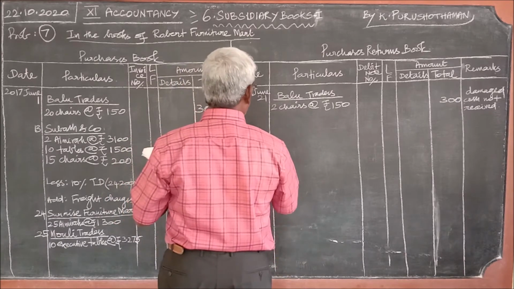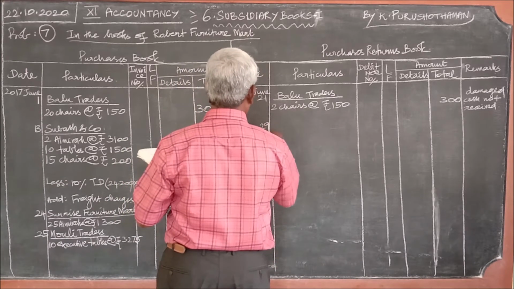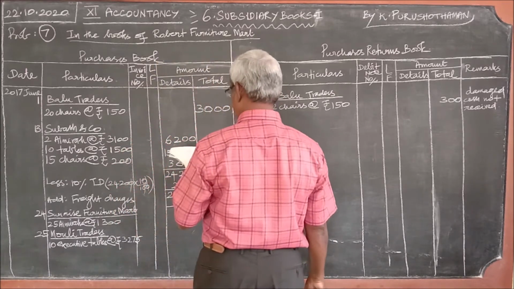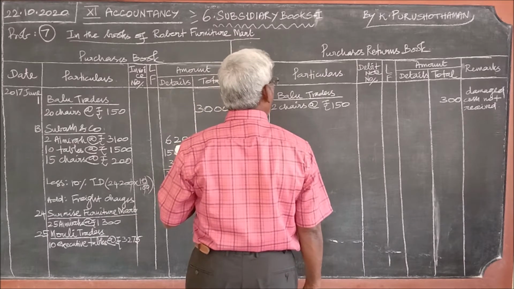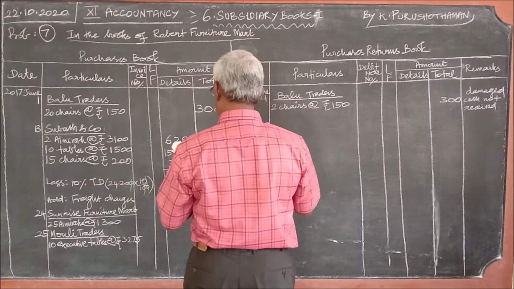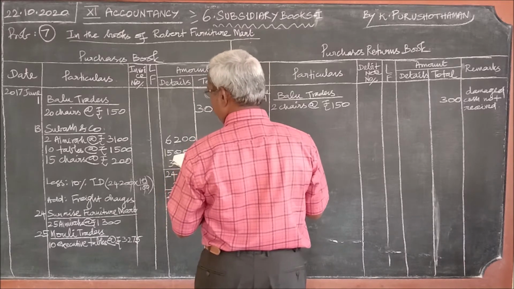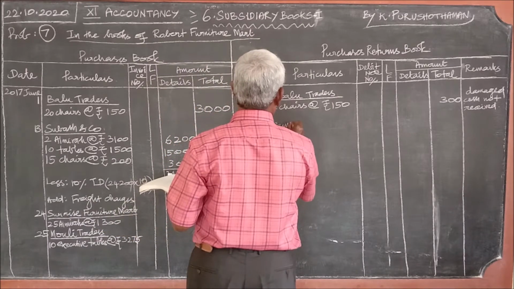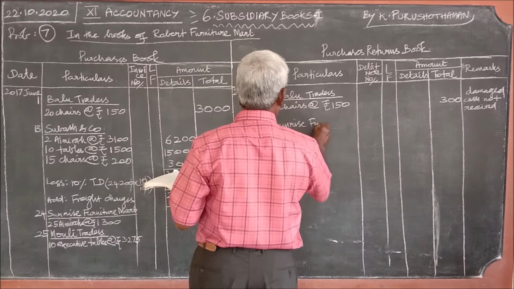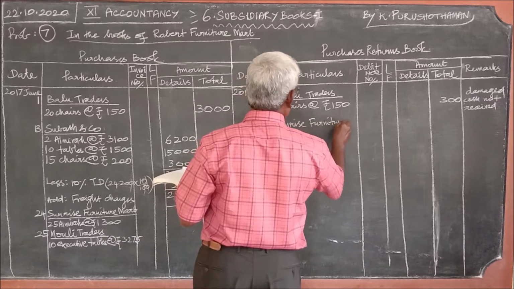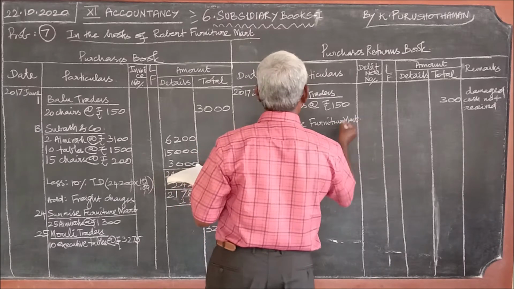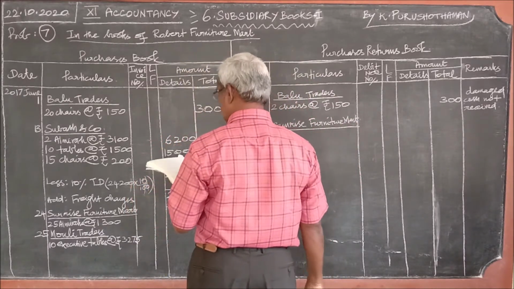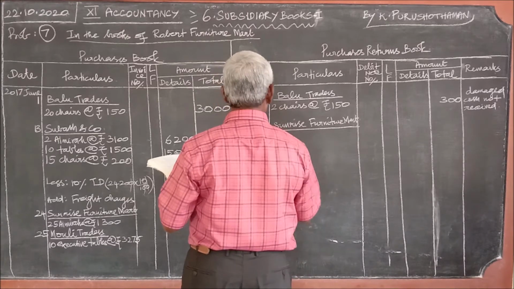On what date is it? 29th. Sunrise Furniture Mart. How many almirahs returned? 3 almirahs.